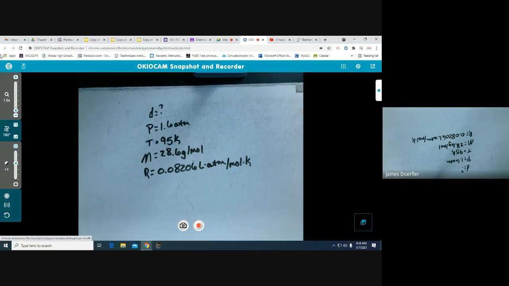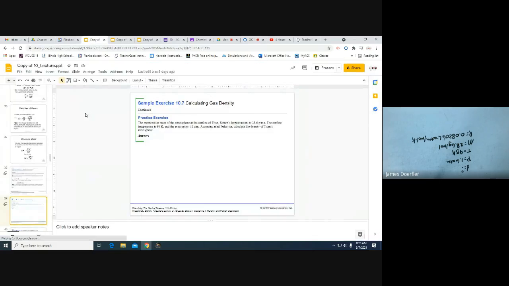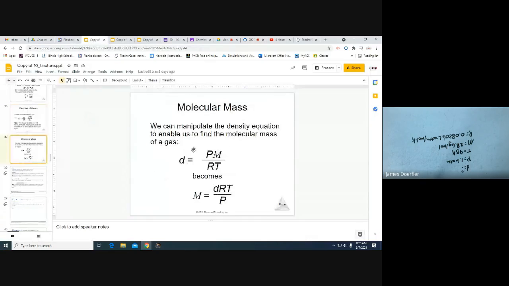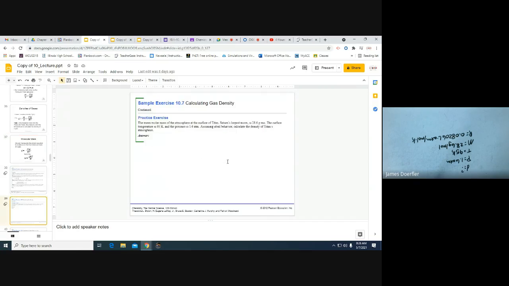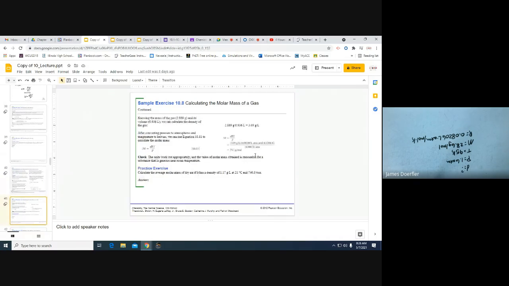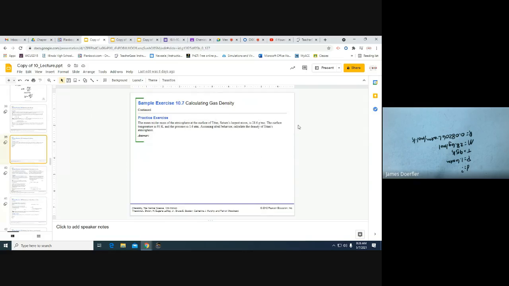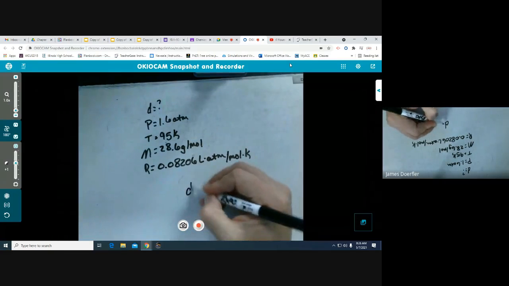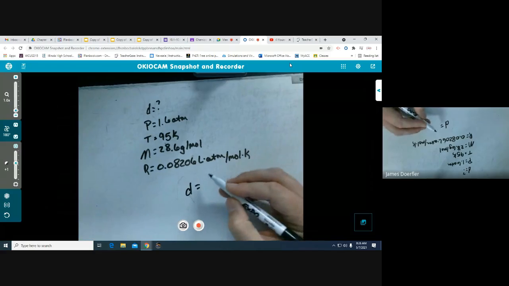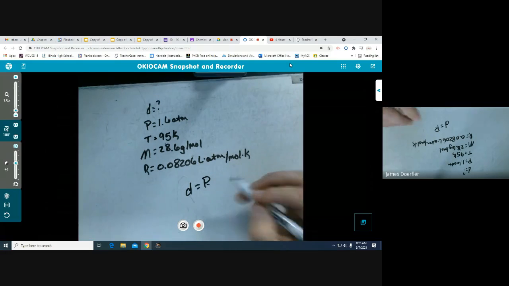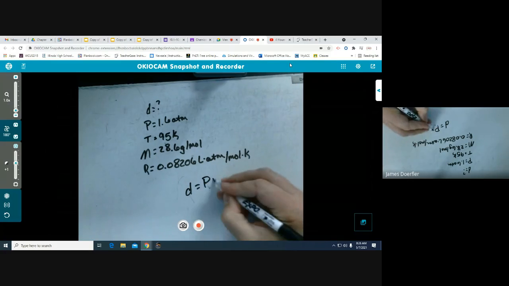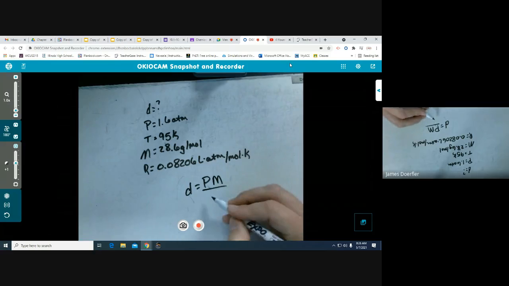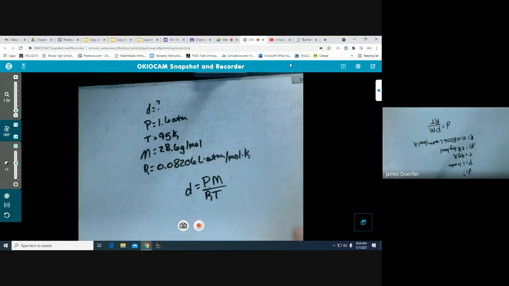Okay, so we are going to use this format of the equation. Since we're solving for density, we can just use this one right here. So we're going to take density is equal to M over RT.